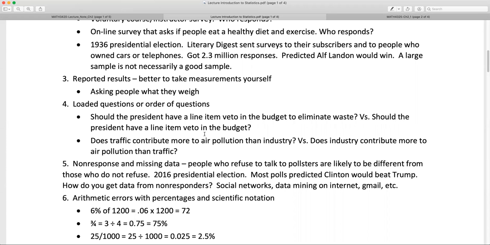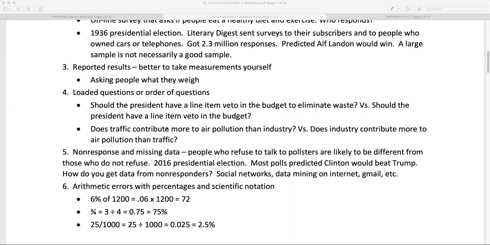Okay, and then next example: does traffic contribute more to air pollution than industry? Versus does industry contribute more to air pollution than traffic?